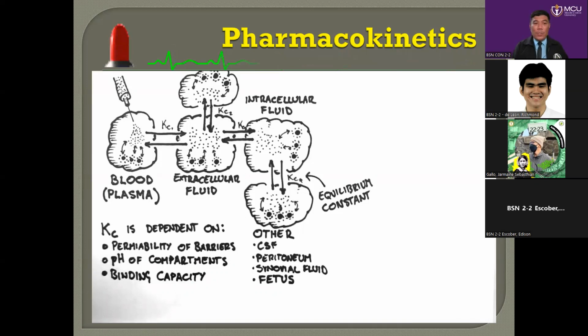Permeability of barriers. What do you mean by permeability? Each cellular compartment or organ has tissues and cells. So if there are factors that may affect permeability, for example, alcohol. If there is a high level of alcohol in the blood and then you administer the drug, will this affect permeability?